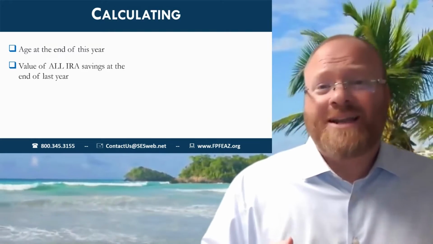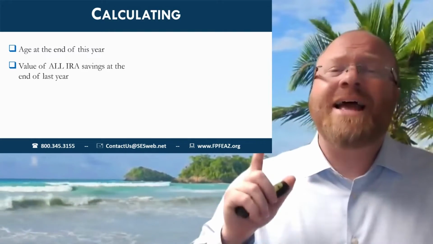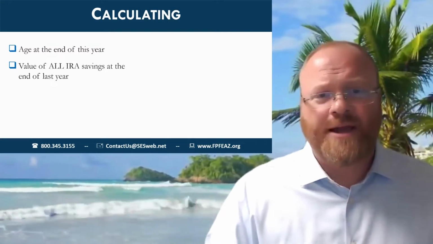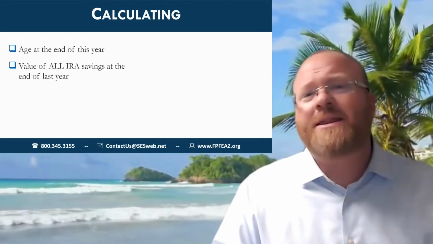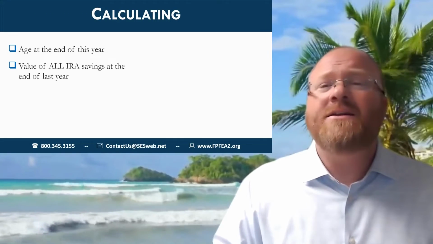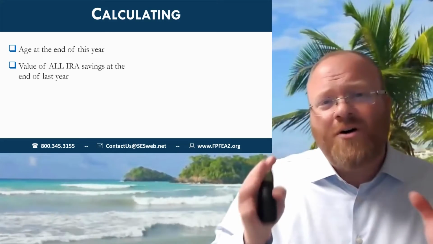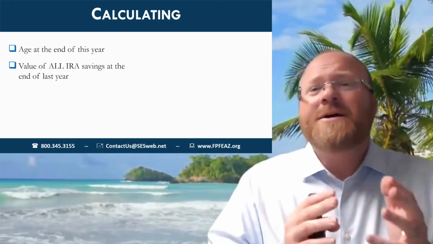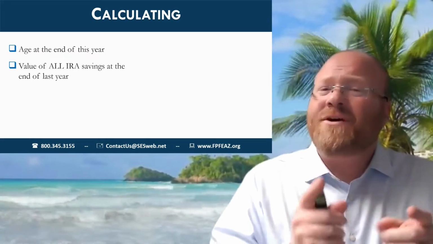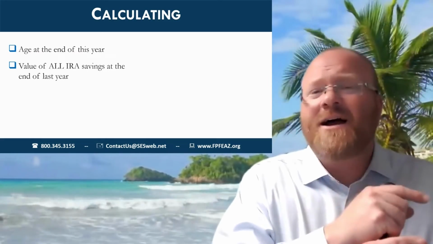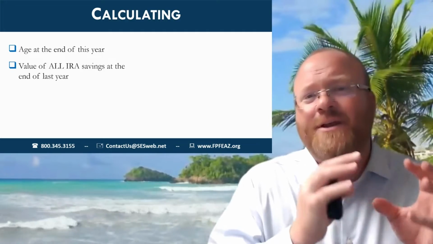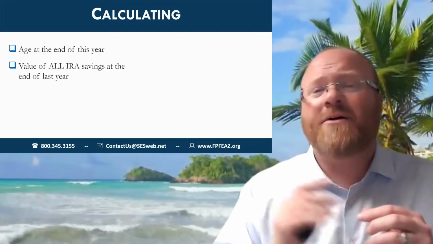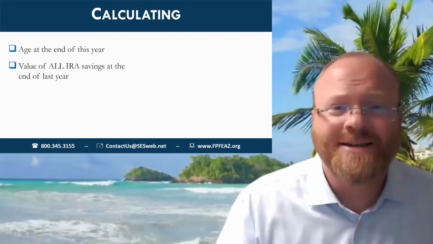There are a couple of things we need to know. Your age at the end of the year, so I need to know what your age will be at the end of the year, and I need to know the value of all your IRA money at the beginning of the year. So December 31st, close of the stock market, every custodian has to record the value of your IRA and send it to the IRS.